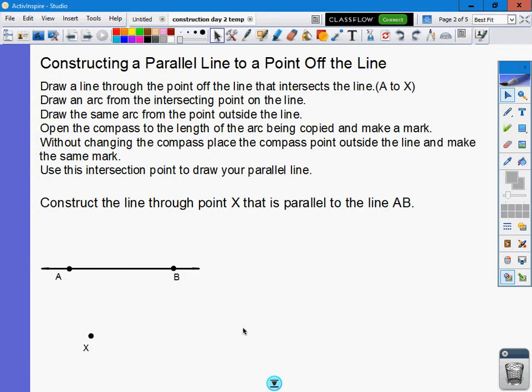Okay? And the first thing that it says that we have to do is draw a line through the point off of the line. In other words, we're going to connect A to X, and we're going to do it with a line.